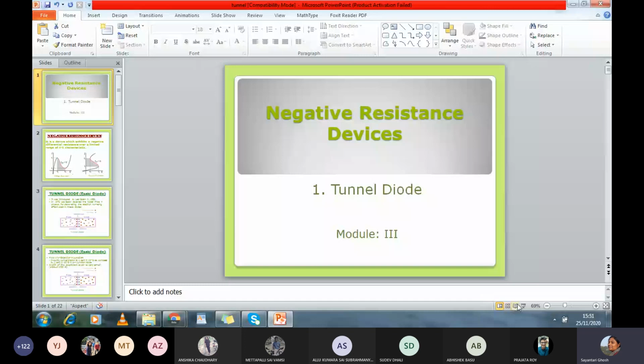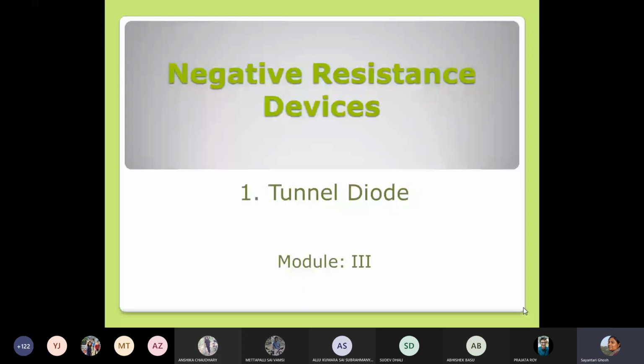There are three different devices that we will discuss in this slot, and the first in the series is tunnel diodes. All three devices, tunnel diode, Gunn diode, and IMPATT and TRAPATT, which we will discuss at the very end, have these negative resistance regions in their IV characteristics, but the way it comes into the picture, the working principles, are completely different.